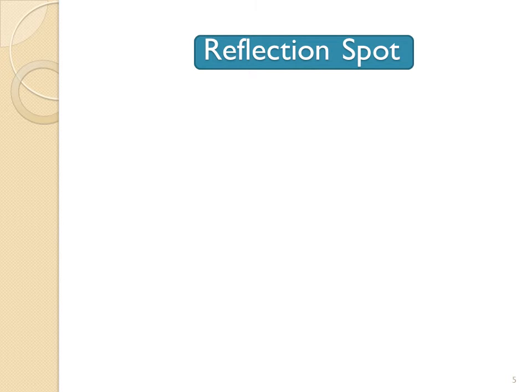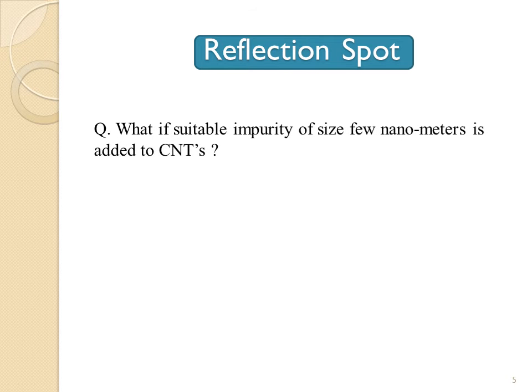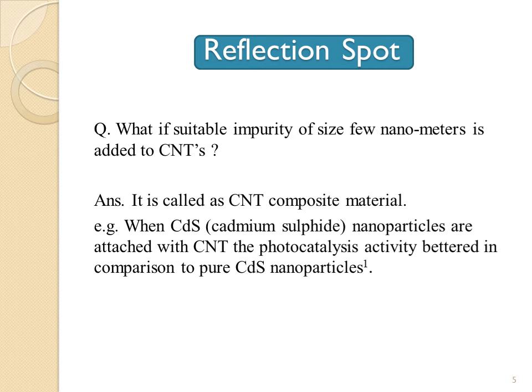Now, let's move to the reflection spot. Let us raise a question: what if a suitable impurity of a few nanometers in size is added to the pristine carbon nanotubes? Let's think over it and I will answer. The answer is, it is known as a composite of carbon nanotubes. I will give a single example.